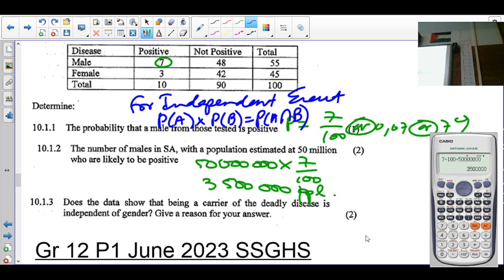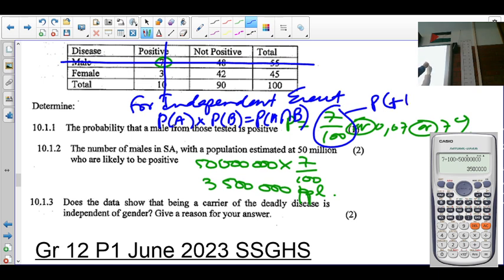Okay, they happen on their own, so it doesn't have a bearing on each other. So they're independent. Since I have already calculated the probability of being positive and being male, I know what that is already. So the probability of male intersection positive is calculated already to be 7 over 100.